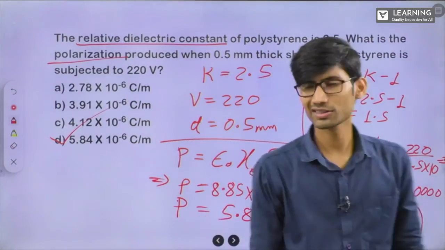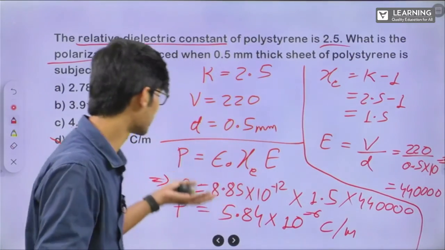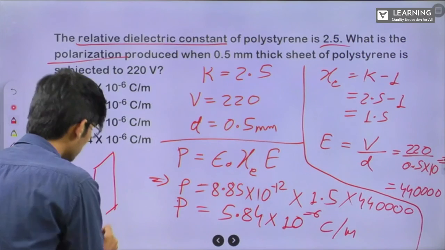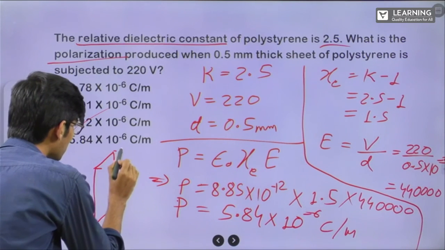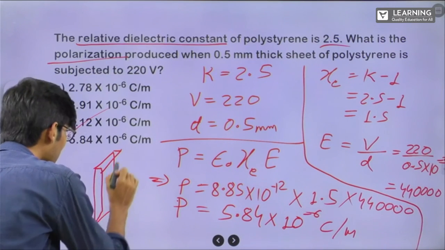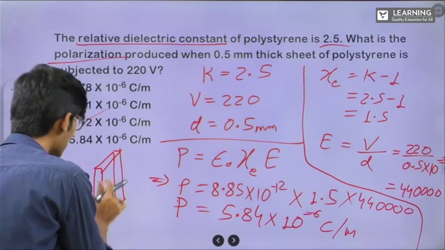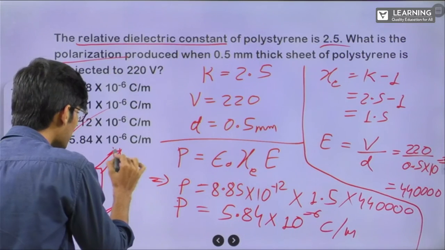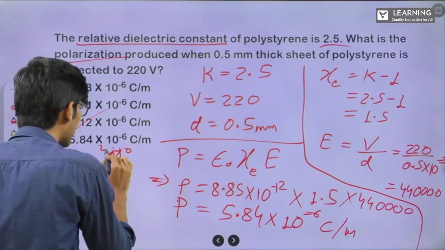Done. See, logically understand. It's not like we have just put in the formula. There was a sheet. It was having some thickness. Subjected to 220 volt means this side and this side of the sheet have a potential difference. Let's say this is 0, this is 220 volt.